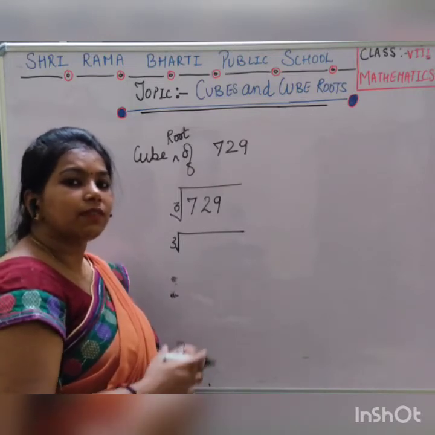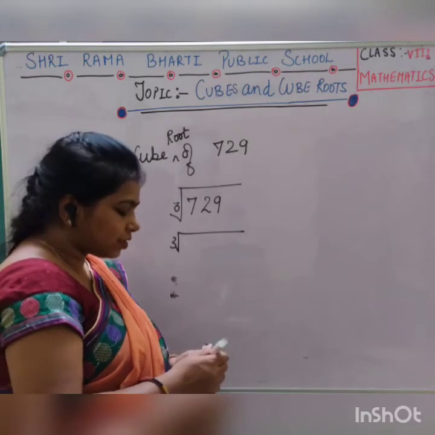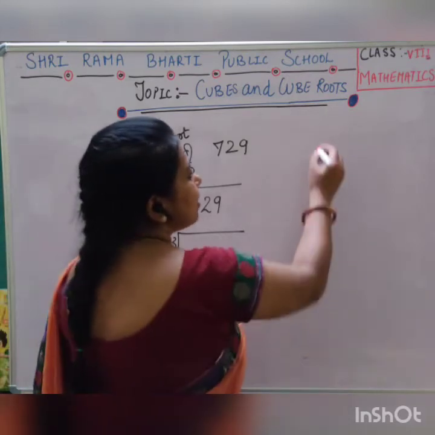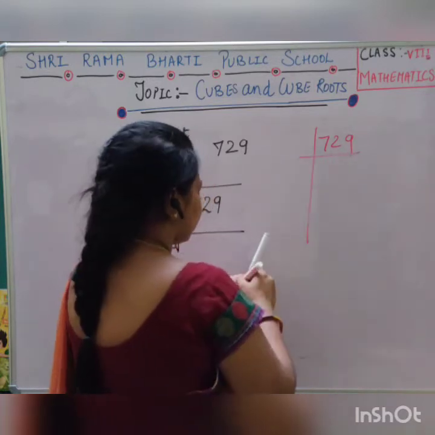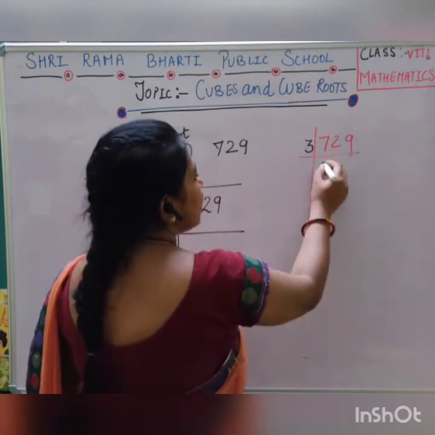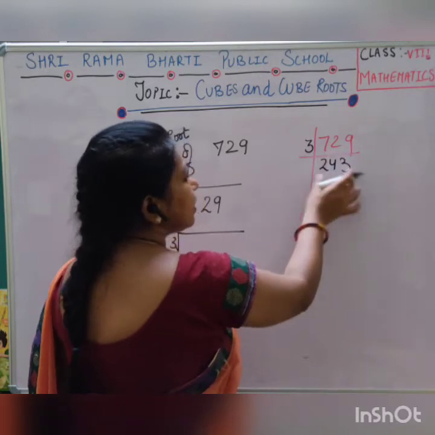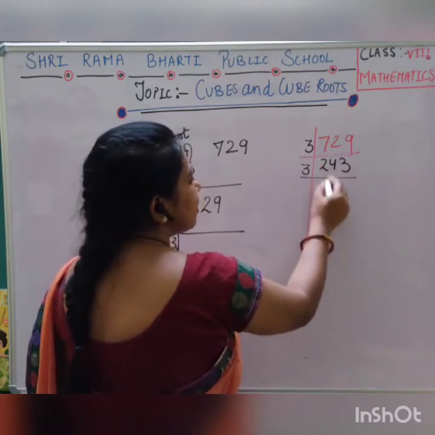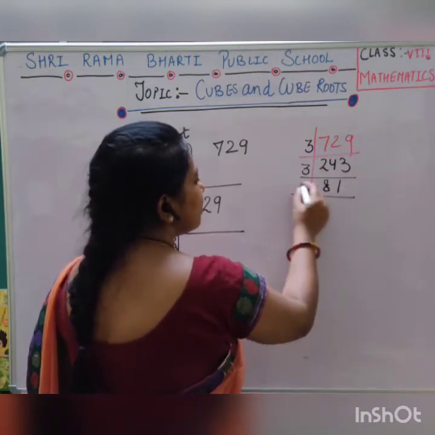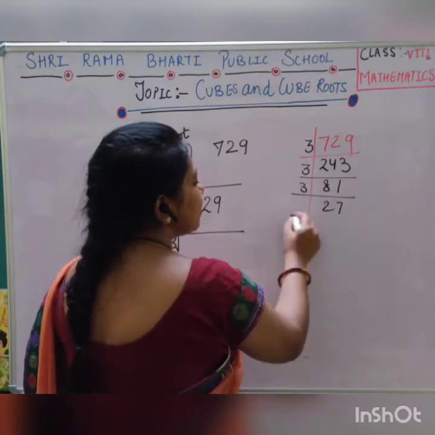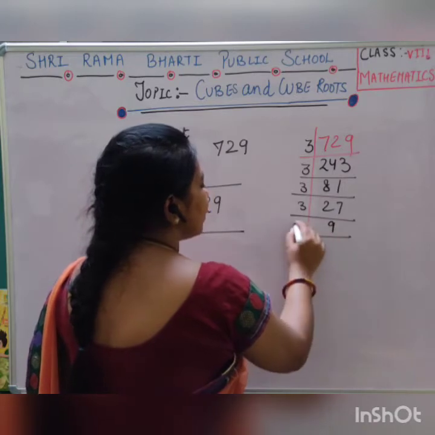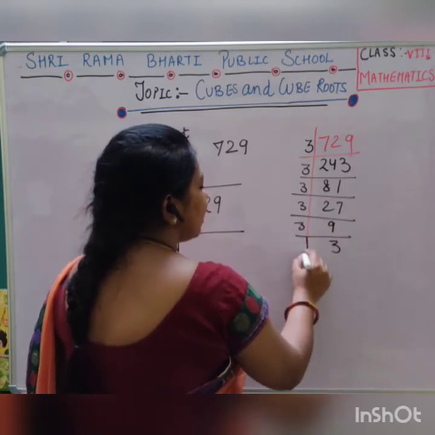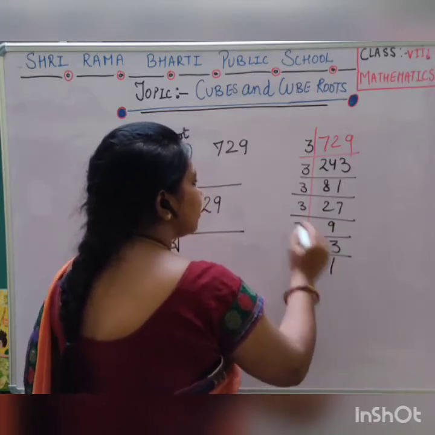So students, we will find the prime factorization of 729. 729 divided by 3 gives 243, then 81, then 27, then 9, then 3, and at last again 3.